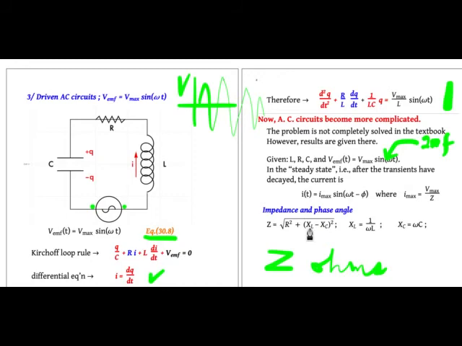But if these are not equal, then the impedance depends on the frequency. So there's a frequency-dependent kind of impedance or effective resistance. I forgot to write down the equation for phi, but again, you can look it up. Phi is, I guess, the arctangent of XL minus XC over R. Anyway, you may have to know that for some of the Lon-Capa problems, so look it up in the book.